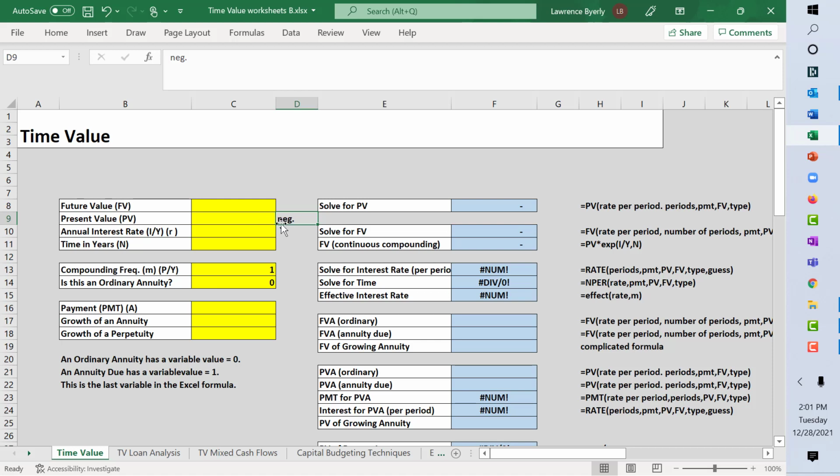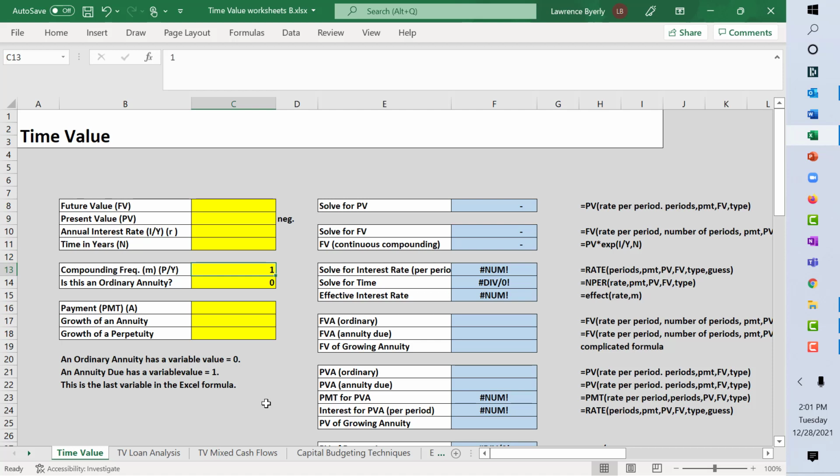So you need to understand that the present value will almost always, 99.9% of the time, be a negative number. The annual interest rate is the stated interest rate that you're given in the problem. Time in years is hopefully self-explanatory. It is in years.